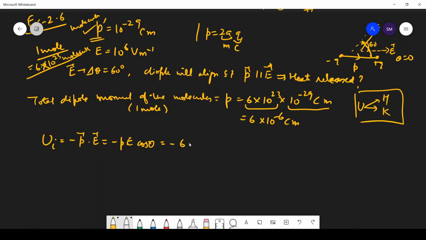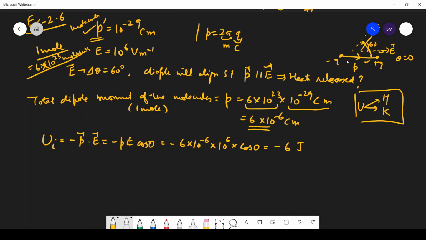Put the value of P, the total P now, 6 into 10 to the power minus 6, into E, 10 to the power 6 volts per meter, into cos 0. The powers cancel out, and this is minus 6 joules. So this was the energy when it was aligned.